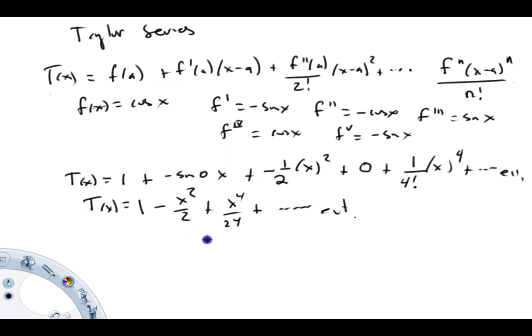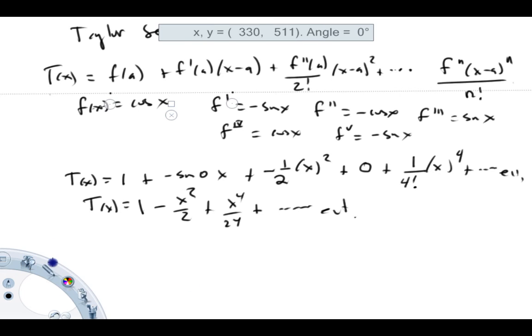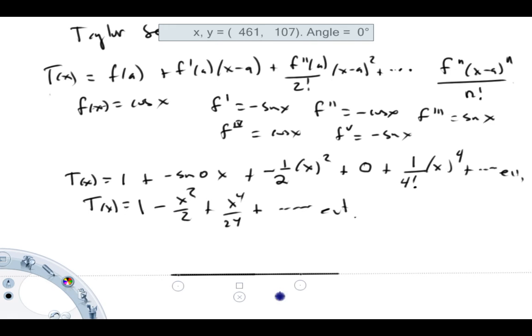So there's our Taylor series expansion, and the idea is basically this. The more terms you keep, the more accurate your approximation is. Let's look at this graphically for a minute. Remember what the graph of the cosine function looks like.